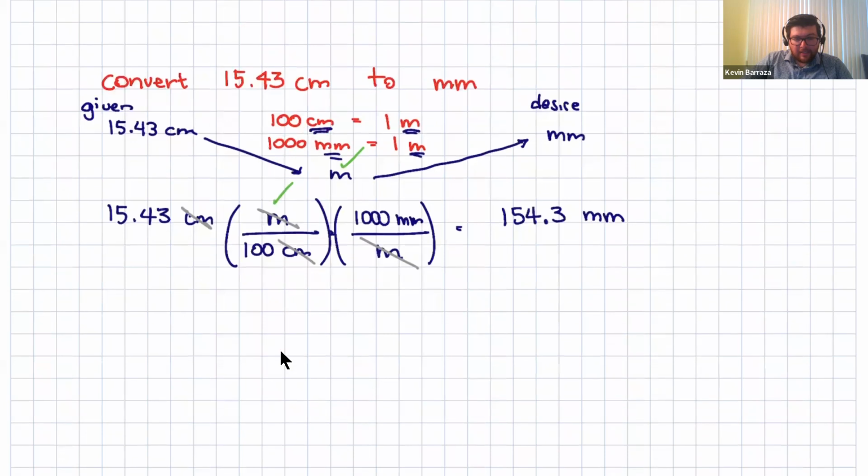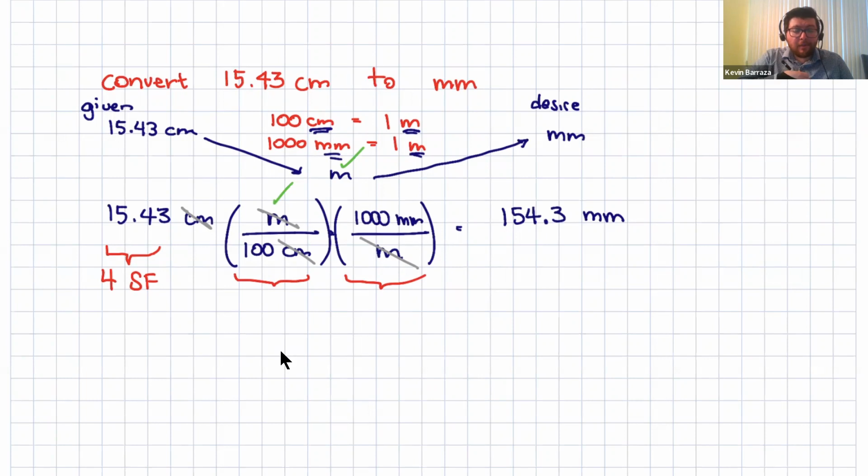Now, one last thing to check is that a prefix conversion will always abide by the significant figure rules because it's a multiply. So we have to just double check. And this is the other thing that I will be double checking when you submit: do your sig figs match the rules that we have? So our rule is we count the sig figs of everything we've used. 15.43 has 4 significant figures.